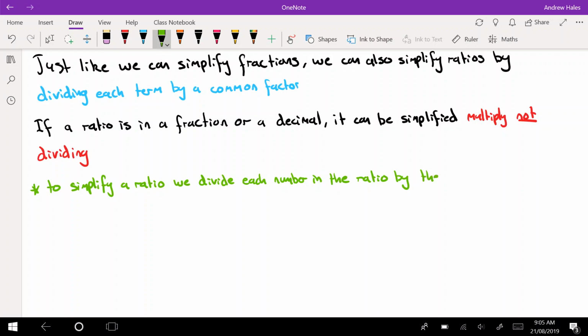Highest common factor, of course, also being represented here as HCF because I don't want to write highest common factor every time I talk about it.